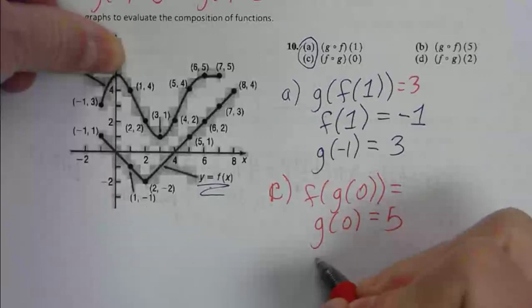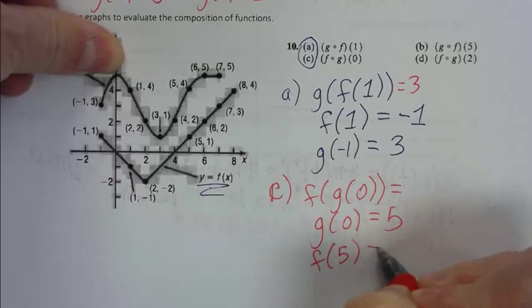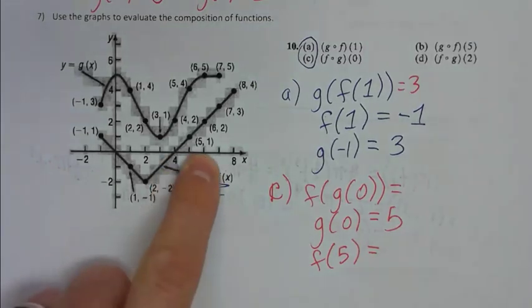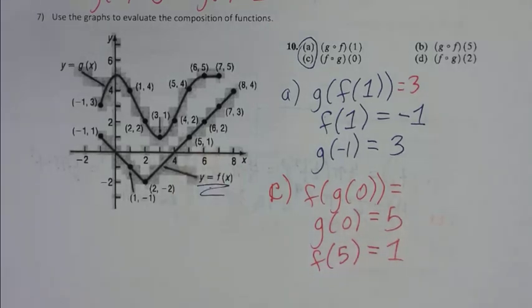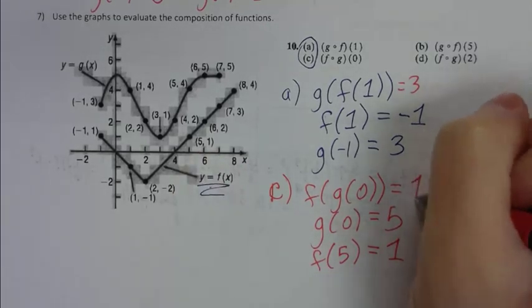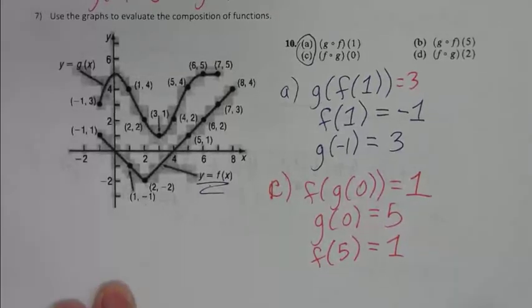And then we're going to take 5 and put it into function f. So for function f, 5 would go with a 1 as an output. So that would be equal to 1. And that completes that problem. And the whole thing would end up being equal to 1. And that's how you would do function composition with a graph of two different functions.